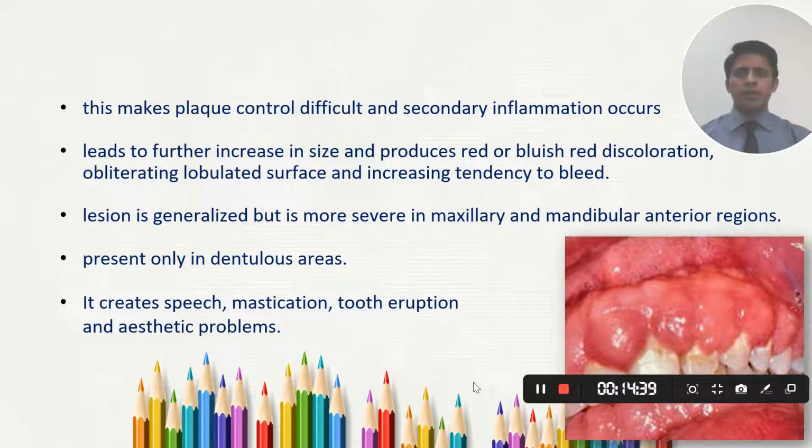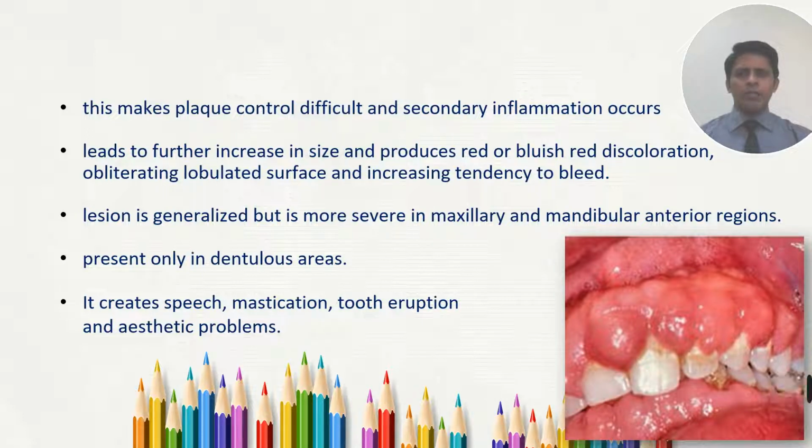This makes plaque control difficult and secondary inflammation occurs. It leads to a further increase in size and produces red or bluish red discoloration. Here you can see bluish red discoloration, obliterating the lobulated surface and increasing the tendency to bleed.